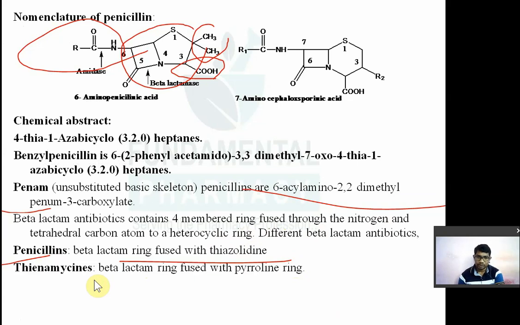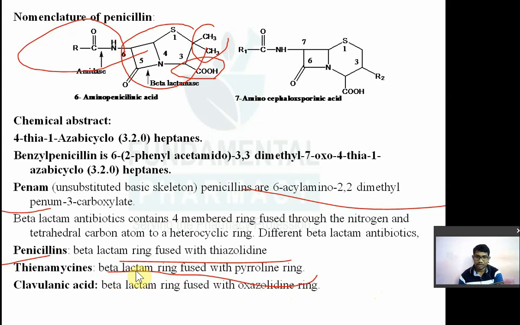In thienamycin, the beta-lactam ring is fused with the pyrroline ring. Clavulanic acid, a beta-lactamase inhibitor, has beta-lactam plus oxazolidine ring.